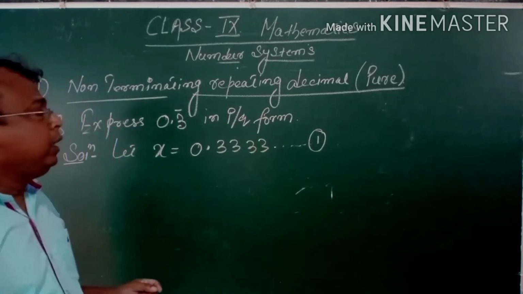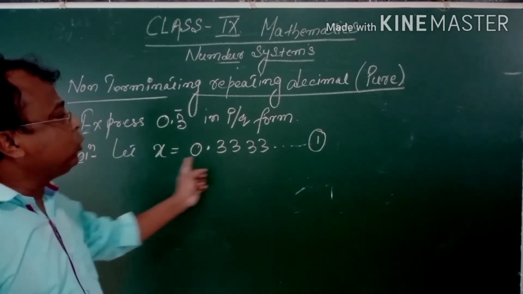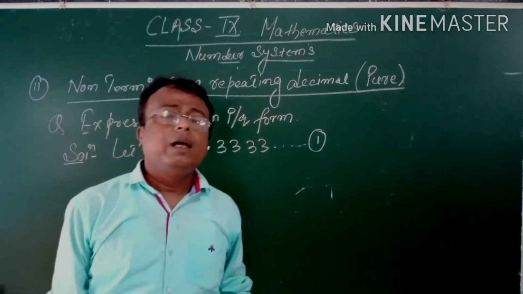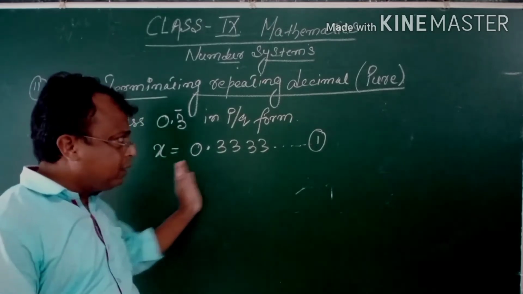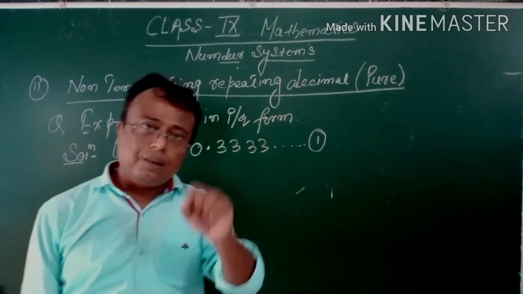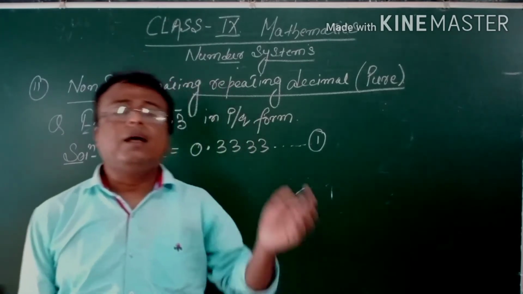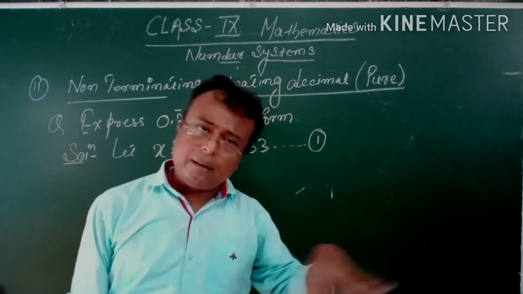Now, if one digit is repeating, then you have to multiply equation number 1 by 10. Alright, if 2 digits are repeating again and again, then you have to multiply equation number 1 by 100. If 3 digits are repeating again and again, then you have to multiply this equation by 1000. Like this you have to proceed.